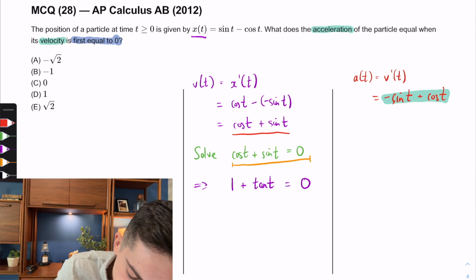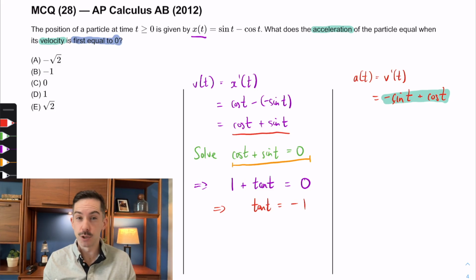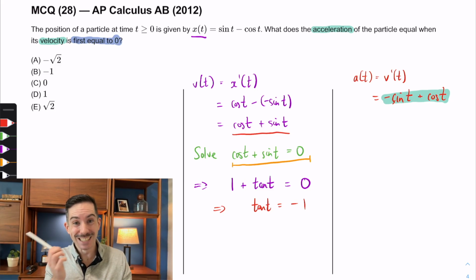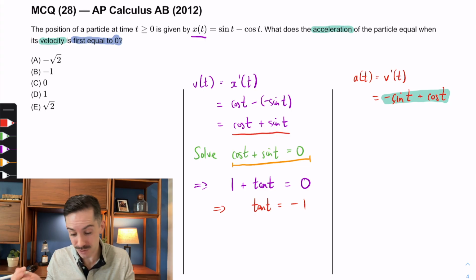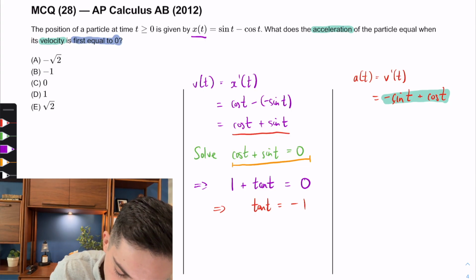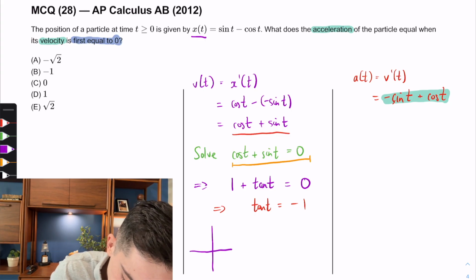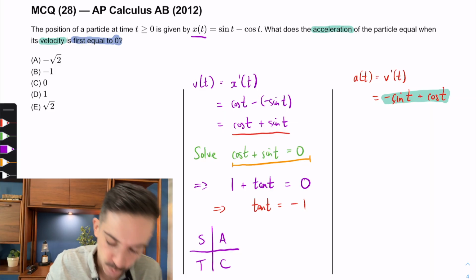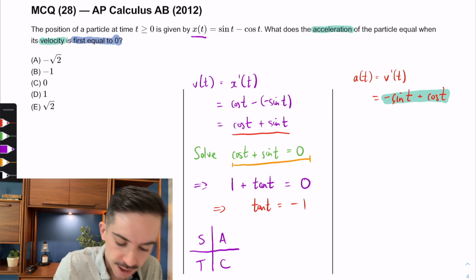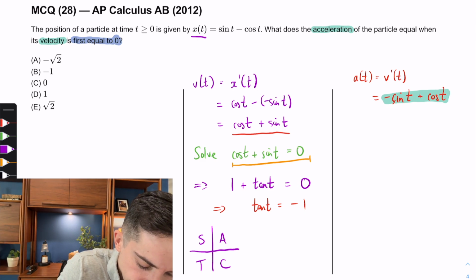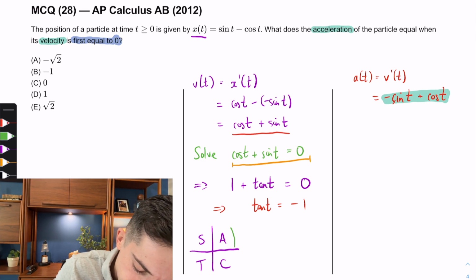So what I'm looking to solve here is the first time that tangent of t is equal to -1. I need to know some standard tangent values. So if I draw my quadrant diagram, the first time that tangent is going to be negative as I move around this diagram happens when I enter the second quadrant here.